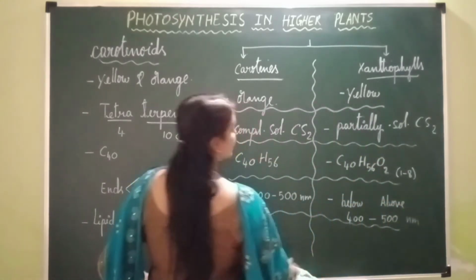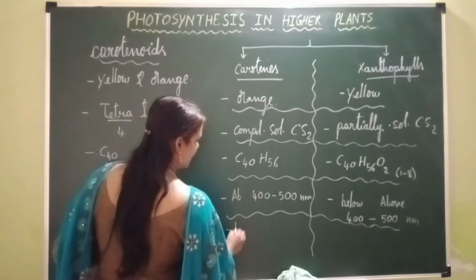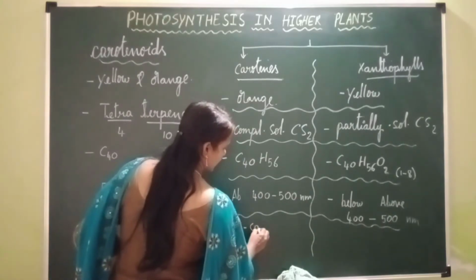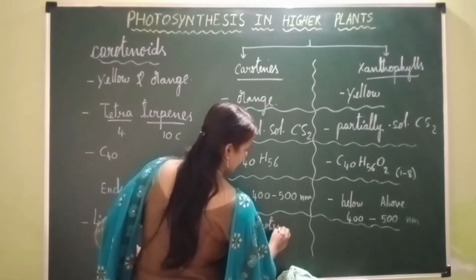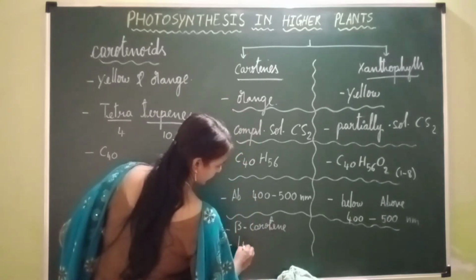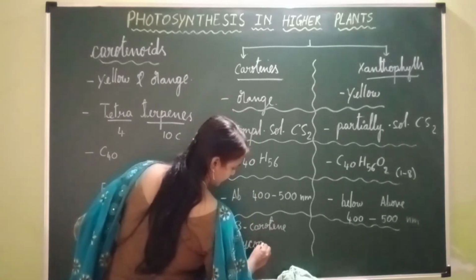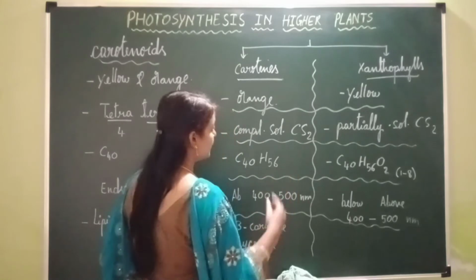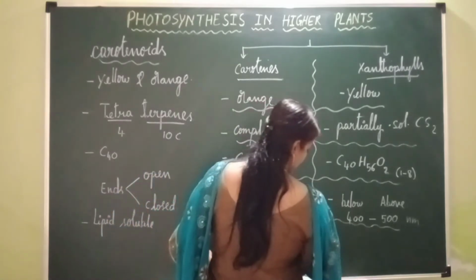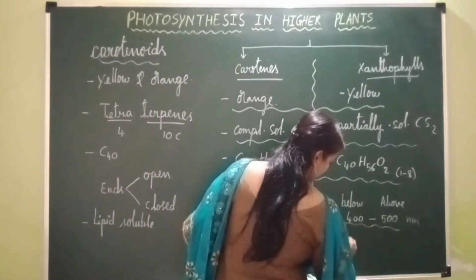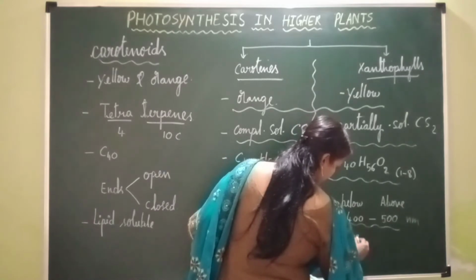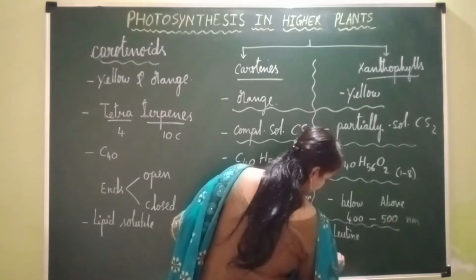Examples of carotenes are beta carotene and lycopene. Lycopene is most abundant in tomato. Next, examples of xanthophylls are lutein and zeaxanthin.